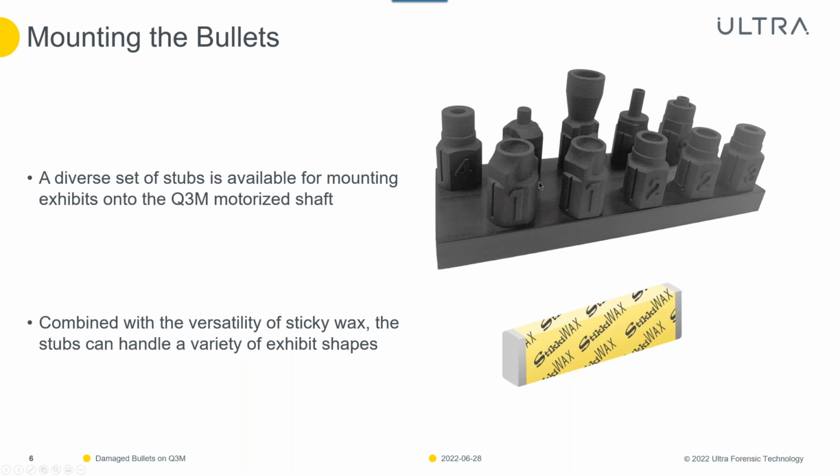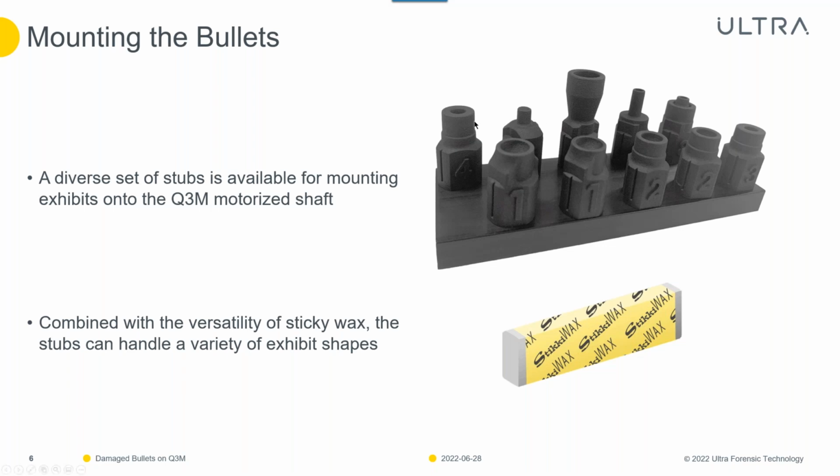Each of these sets are identical to each other. Number 1 stubs are essentially for large caliber bullets, like 45 auto, 40 Smith & Wesson. Number 2 would be for medium, like 9mm parabellum, 38 special, 380 auto, even 32 or 7.65 millimeter.